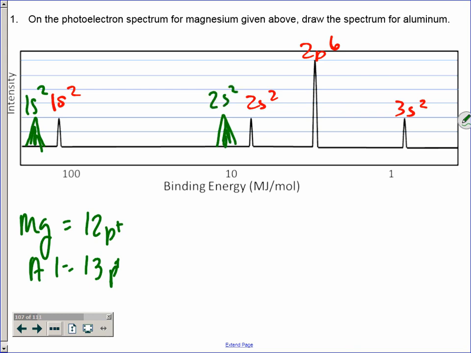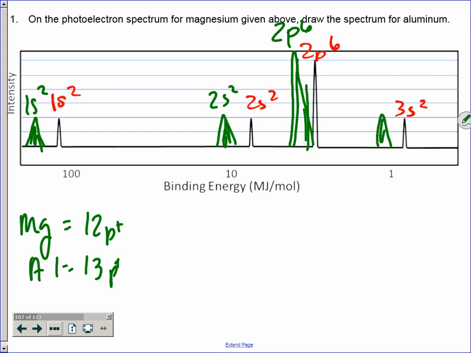Chase, how would the 2p6 one differ, or how would the 2p one differ? How would the intensity differ? It would be the same. Thanks, Chase. Okay. And that's 2p6. All right, Drew, pick up on 3s. Say again?